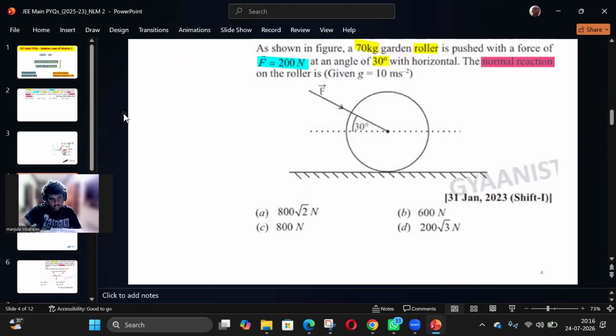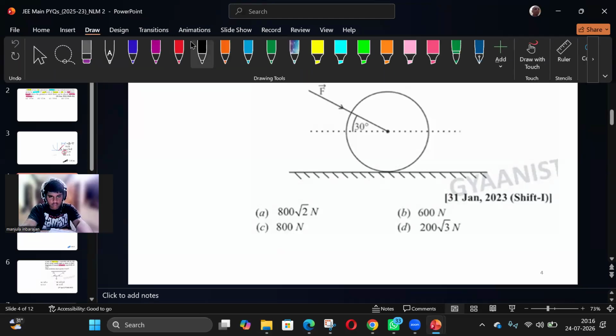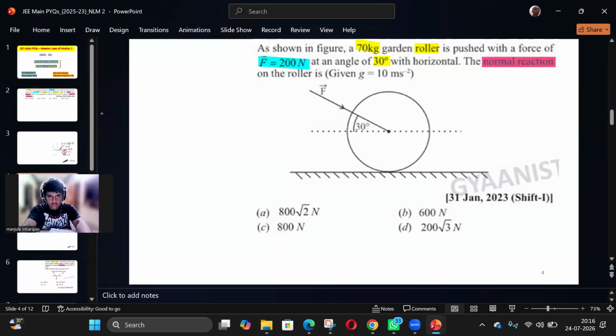This one. Very simple question. Get the answer. The answer for that is the normal reaction for the force they have given. 30 degrees theta they have given.